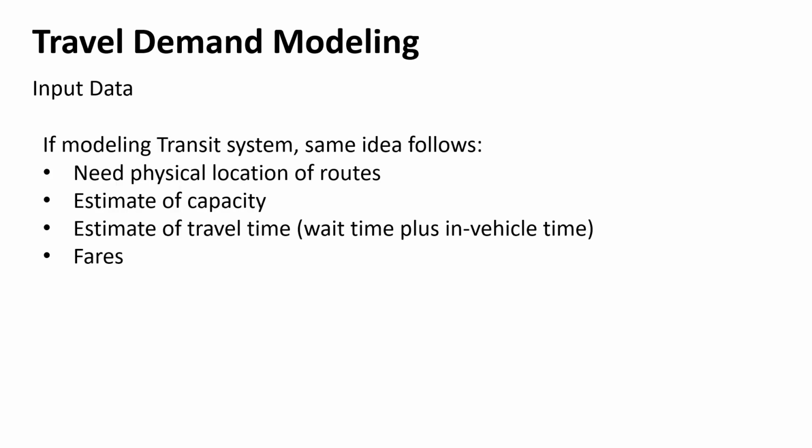The same thing works if you're looking at transit, so mass transit systems. It's very similar in that we would look at where the bus routes are, what the capacity of the bus routes is and so forth, and what the travel time is, which would include waiting for the bus, and what the cost is. So those are input data we would need if we were going to model transit as well, which you can easily do.